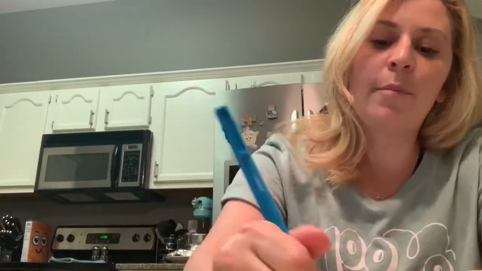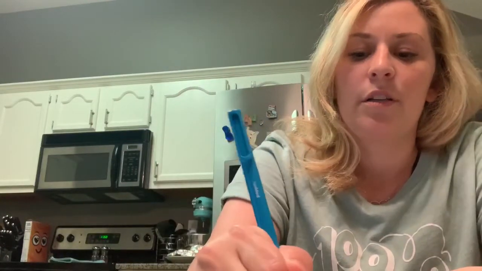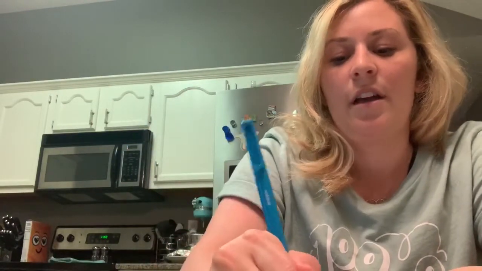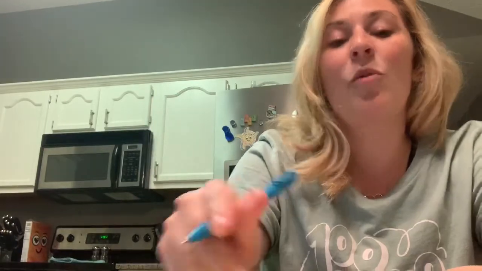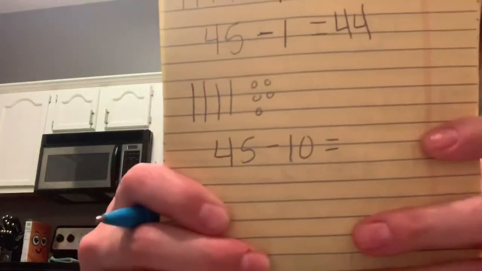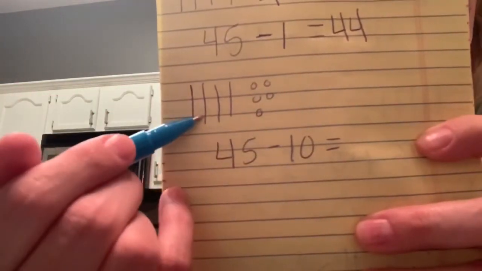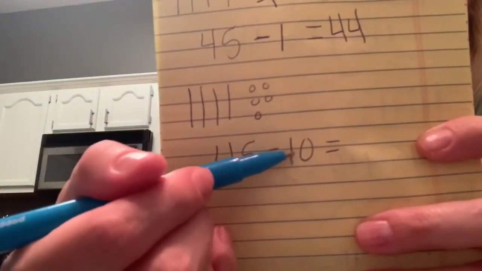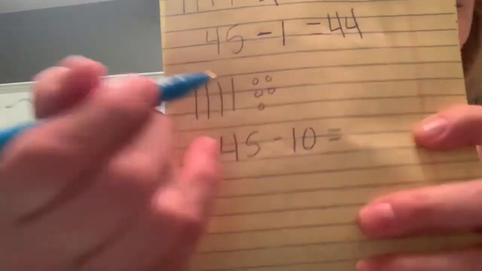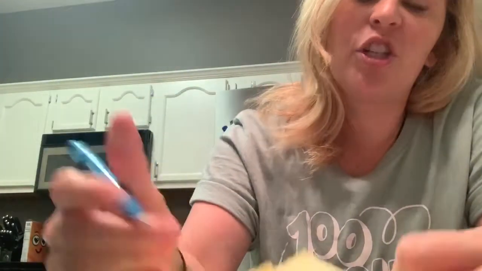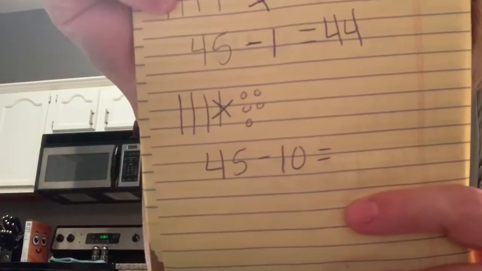Now, same problem, except this time I want to do 10 less, which is like we're taking away 10. So I have 45, and it's like I'm taking away a 10, so we're going to cross off a stick, which is a representation of a 10.